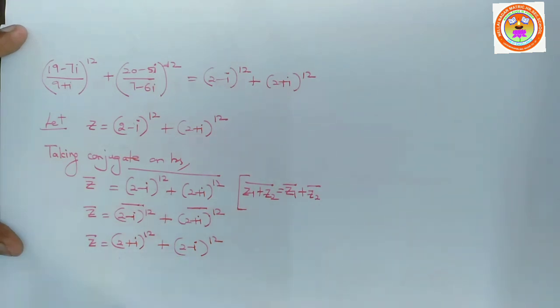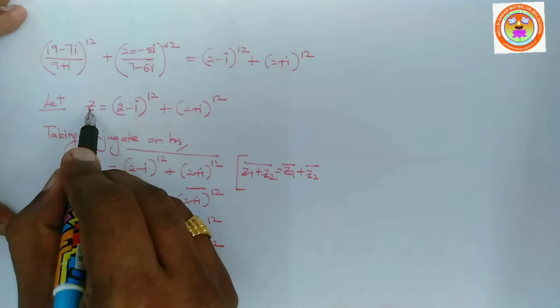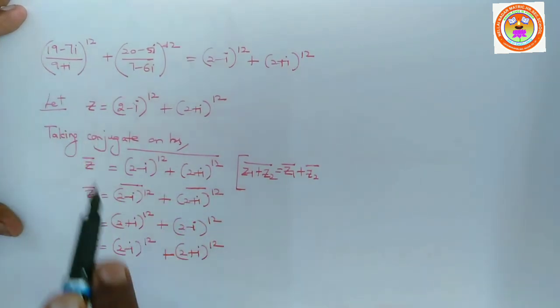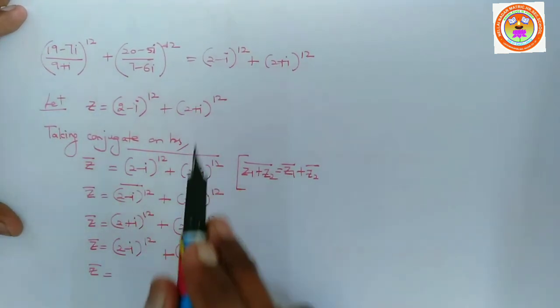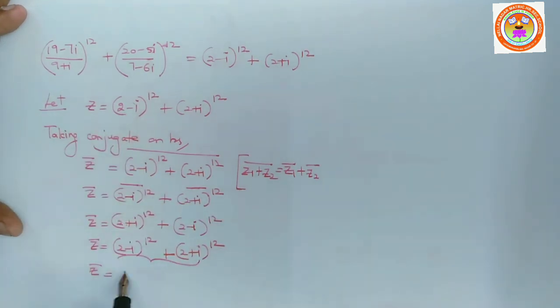So I arrange it properly. z bar is equal to, first arrange this one, (2 minus i) whole power 12, plus this one, (2 plus i) whole power 12. We have assumed z is nothing but (2 minus i) whole power 12 plus (2 plus i) whole power 12. Therefore this expression is nothing but z.